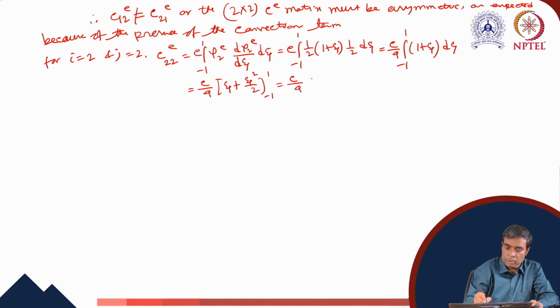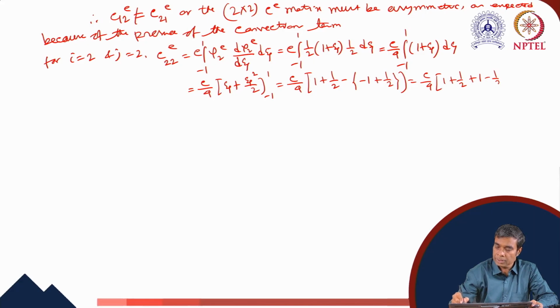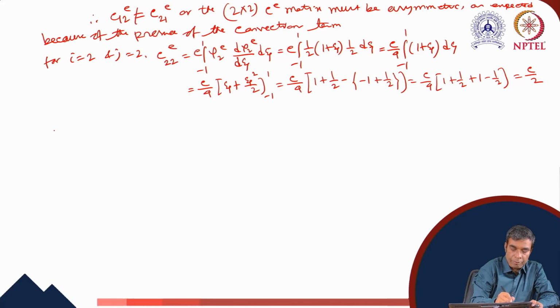This is equal to C by 4 into (1 plus half) minus (minus 1 plus half). This is C by 4 into 1 plus half plus 1 minus half. This is equal to C by 2. Therefore, the element level matrix for convection CE equals C11E, C12E, C21E, C22E.